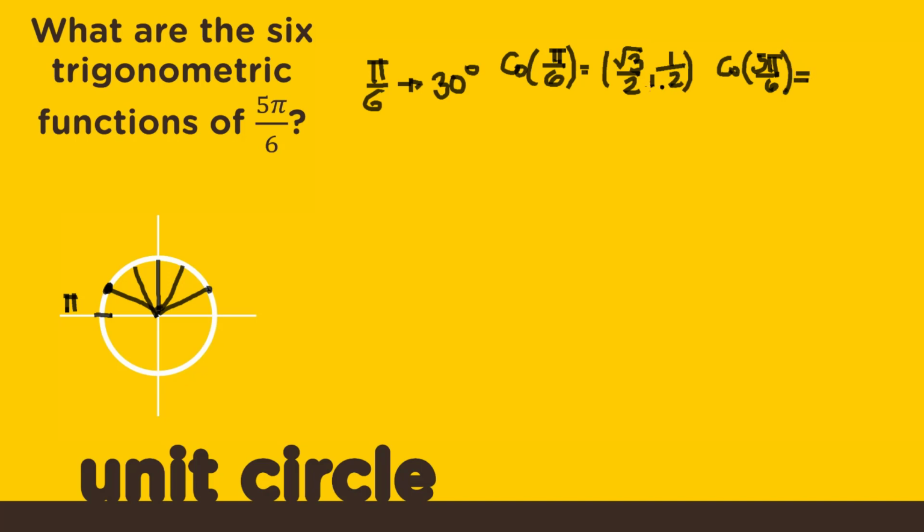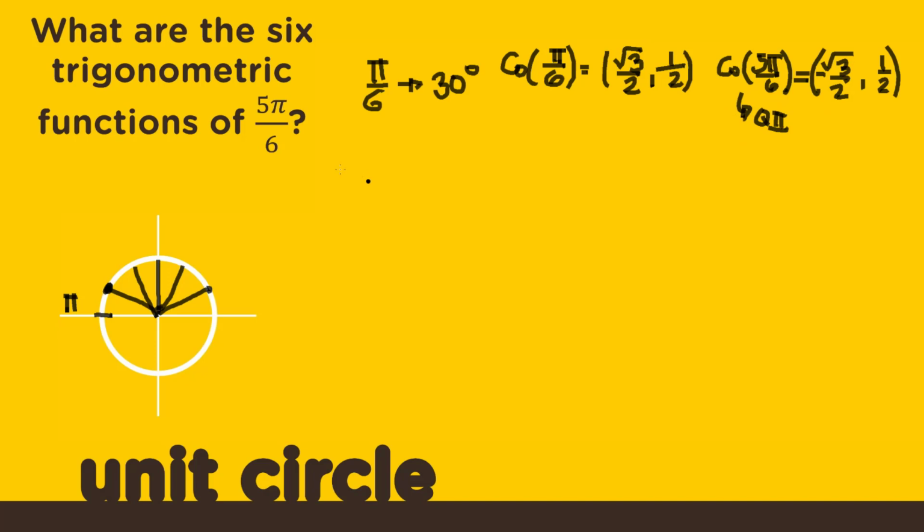Take note, we'll be using the same figures here, square root of 3 over 2 and 1/2, but we are not yet done because we are going to look at the sign. The location of our 5 pi over 6 is at quadrant 2, where our x should be negative and our y is still positive. Hence, this would be the correct coordinate of the terminal point at 5 pi over 6.